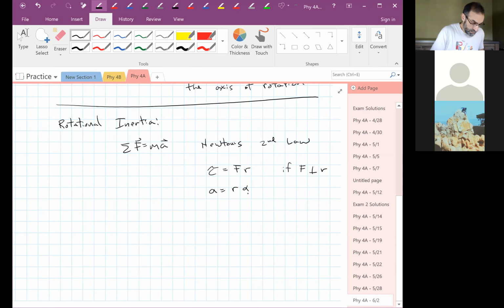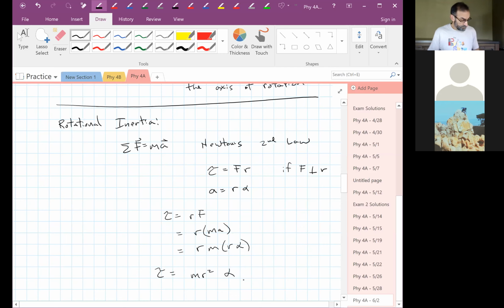So using these, what we get is torque is our F. F is ma. a is r alpha. And so we get torque is m r squared alpha.